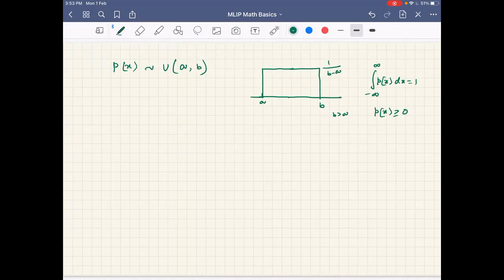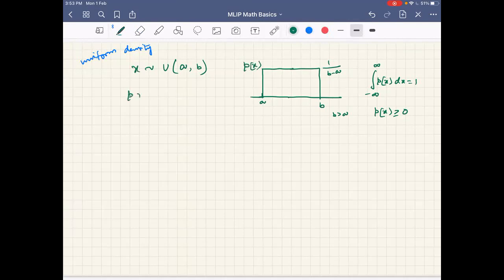Now this is the uniform distribution, the uniform density here. X being a uniform random variable, usually what we do is say X is a uniform random variable, and X is denoted like this. P of X is shown like this.